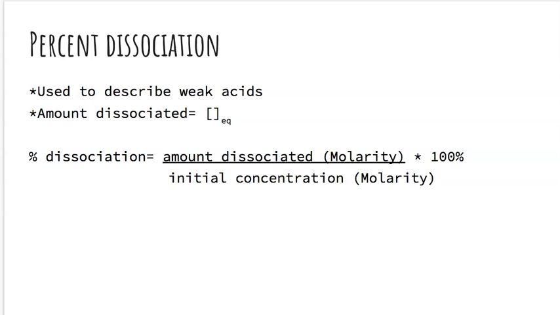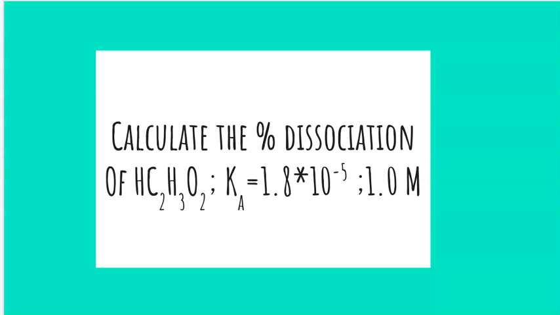It's just taking a percentage. So here, can you please calculate the percentage dissociation for acetic acid with this Ka and this initial concentration? It's the same as the last problem, just with a new Ka. Go ahead and pause the video and give that a shot.